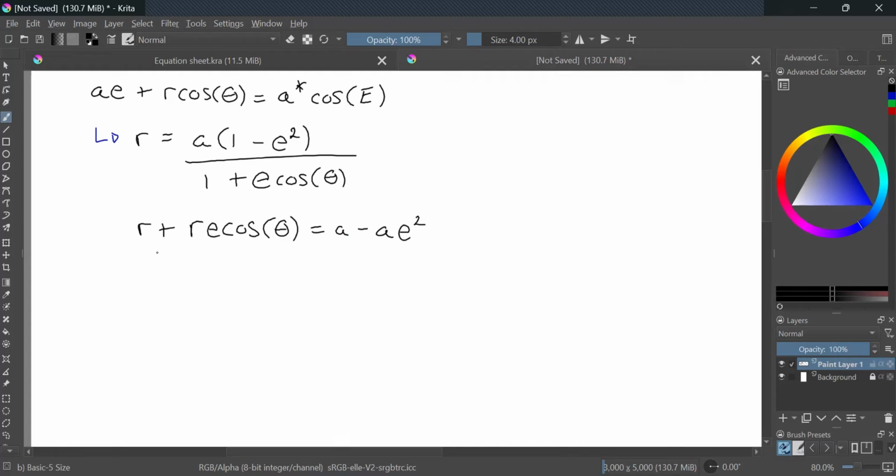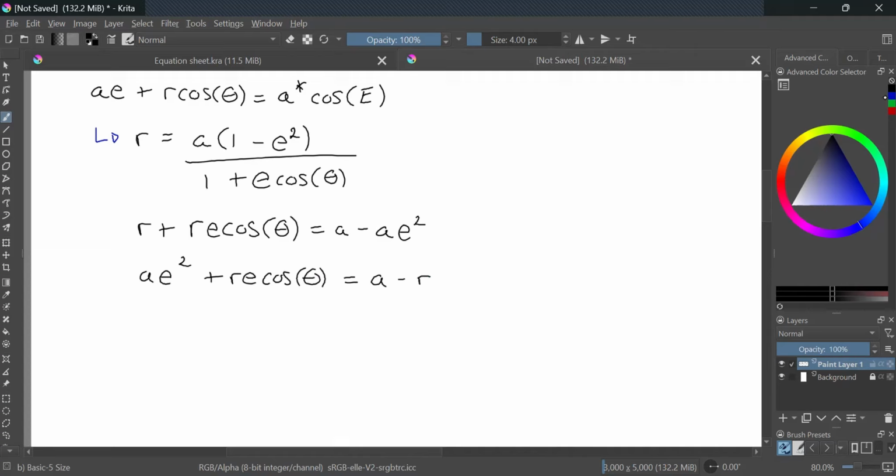So we have a e squared plus r e cosine of theta is equal to a minus r. All right. And now you may be able to see why we went down this route.